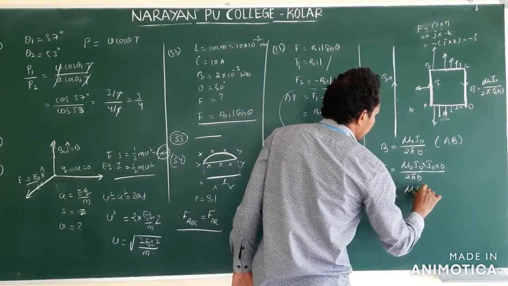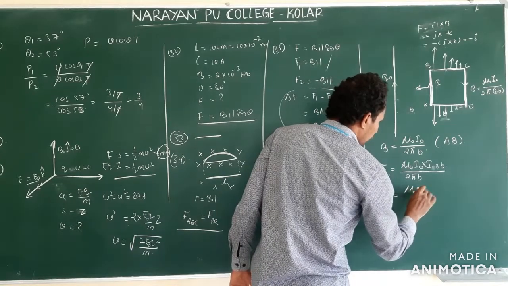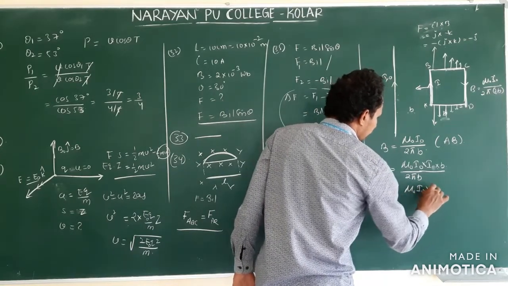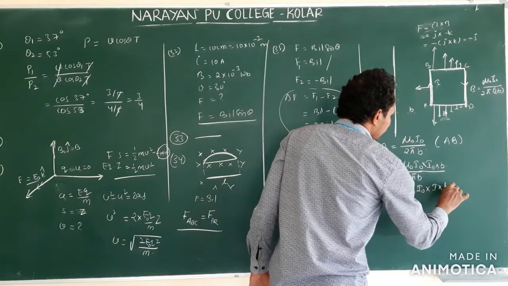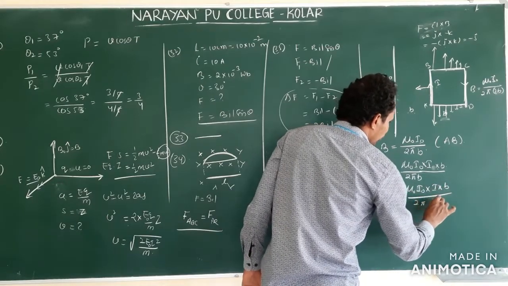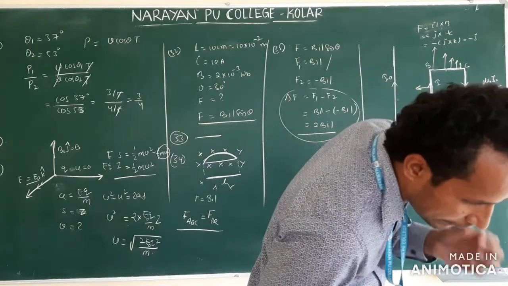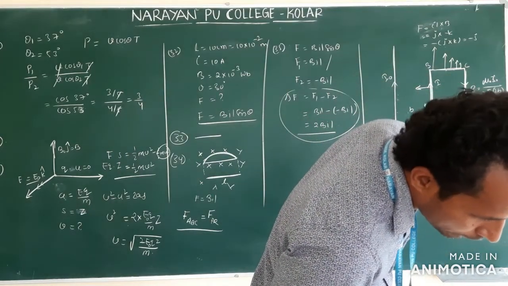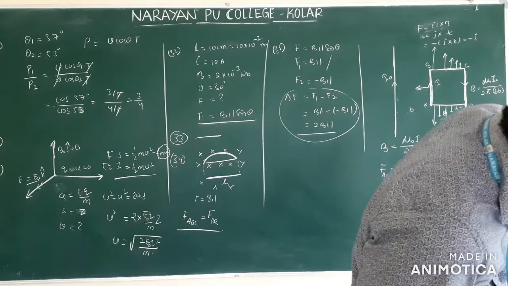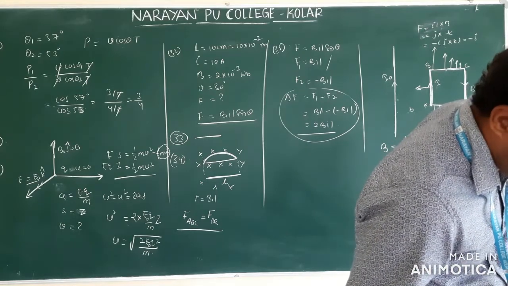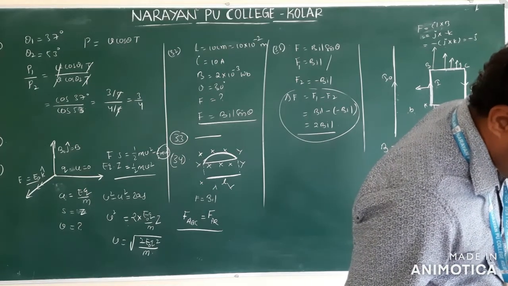Mu naught I naught into current I, length is B, by 2 pi into 2B. They mentioned L and B. The square root of side B placed at a distance B away from a long wire carries a current.